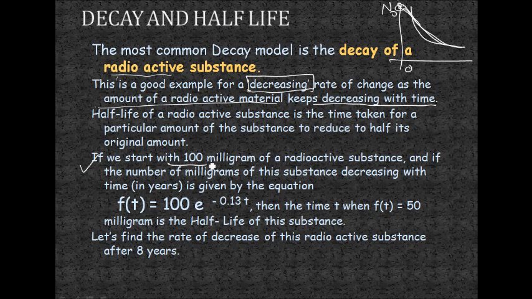If we start with 100 milligrams of radioactive substance, and the number of milligrams is decreasing with time, where the independent variable is time in years, then f(t) = 100e^(-0.13t) gives you the amount of the substance at a particular time t. This is the amount or size of the radioactive substance, you can use any word there.